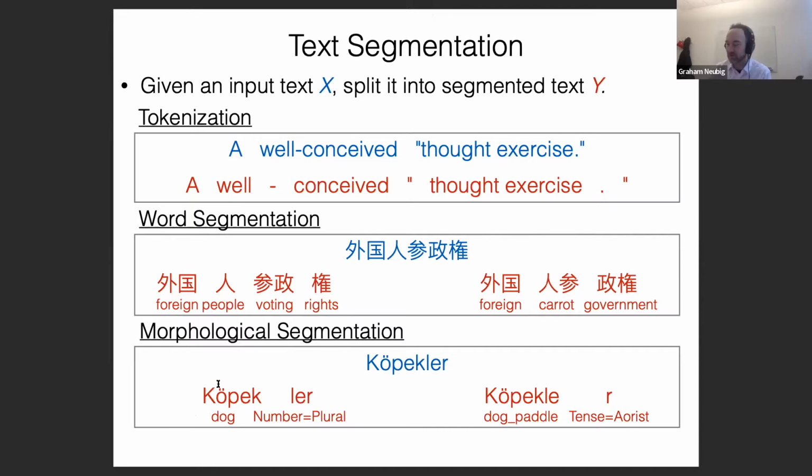So then we have dog and plural, or dog paddle and a tense. So whether you split it one way or the other also affects whether this is a plural noun or a verb. And thank you for confirming that this is indeed Turkish. So this is another issue that you could have.